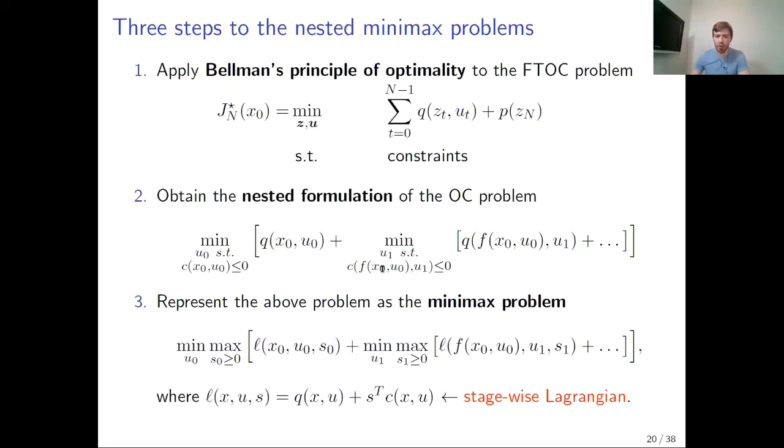And then we reformulate the above problem as a minimax problem. So now we have an unconstrained min and constrained max problem, where S variables are the dual variables. And we have small l, which is the stage-wise Lagrangian, which replaces the stage cost.